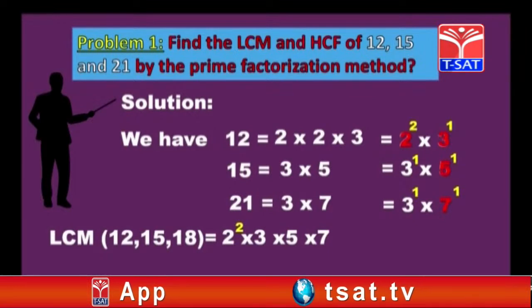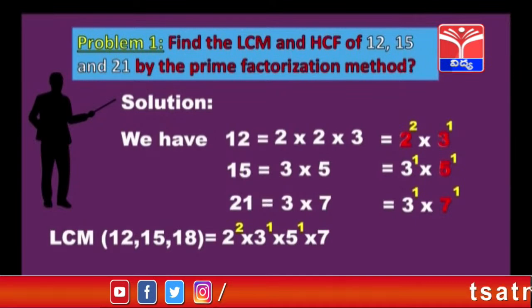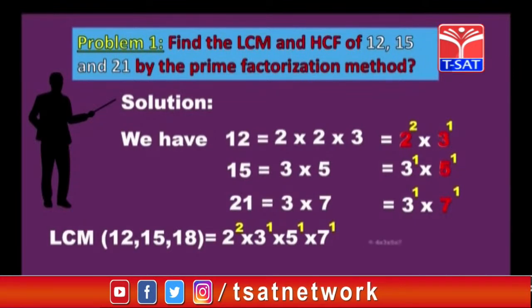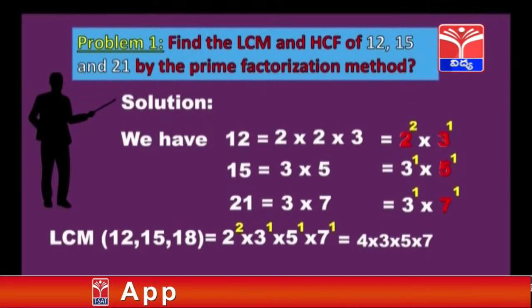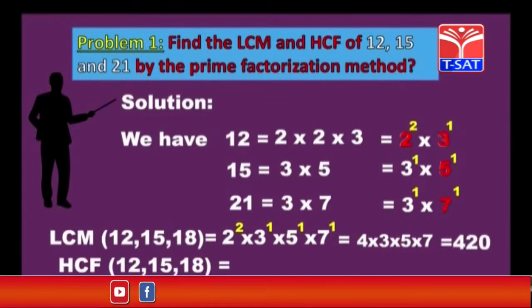For 3, in the prime factorizations, 1 is the only power we have, so I am writing 3 power 1. In the same way 5 power 1 and 7 power 1. Which can be written as 2 square is 4 into 3 into 5 into 7. 4 into 3 is 12, 12 times 5 is 60, 60 times 7 is 420, and 420 is the LCM.